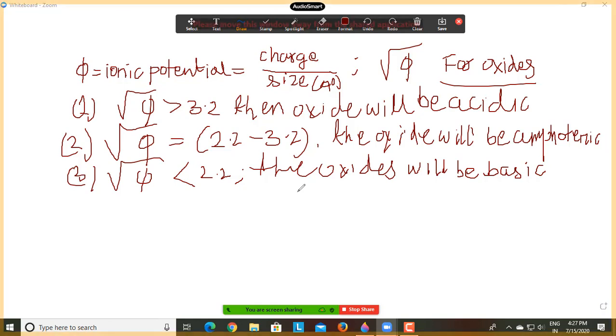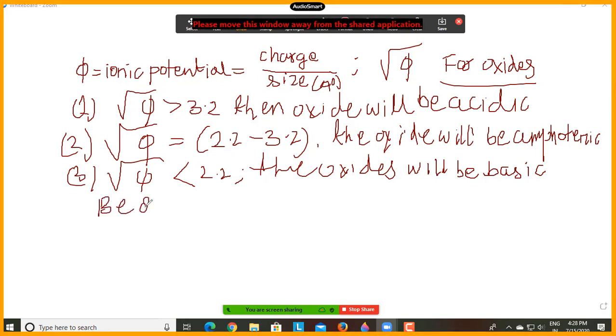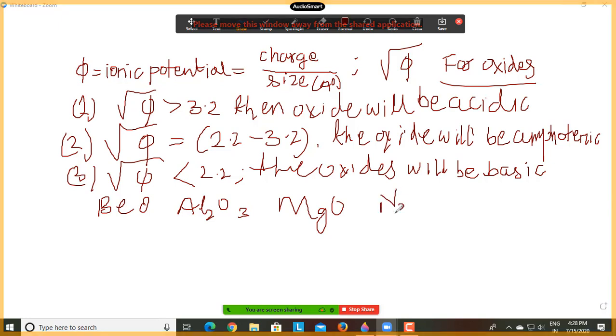Now let us take an example. Suppose we take beryllium oxide, and then aluminium oxide. Then we will take, say, magnesium oxide. Then we'll take nitrogen pentoxide.